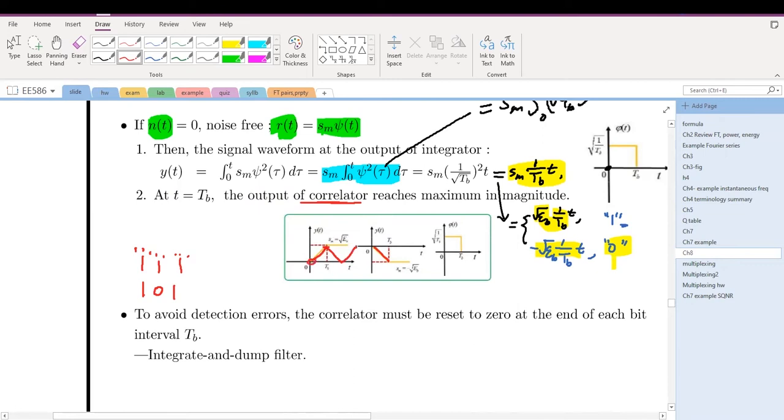So in this case, even though we sample at Tb, we cannot detect the correct bits. Therefore, the correlator receiver has to be reset to 0 at the end of each bit interval Tb. This receiver is also called an integrate-and-dump filter. And this receiver is also called a matched filter receiver. That's the other name for this receiver.